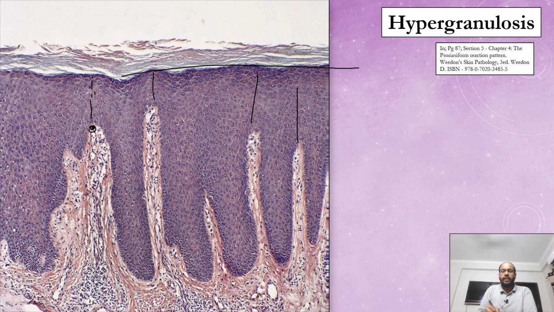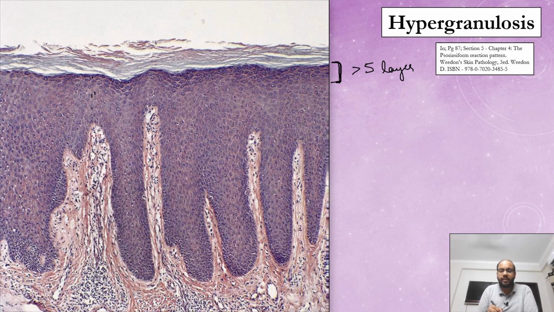The entity which I wanted to show in this photograph is known as hypergranulosis. If the granular layer, and I'm talking only about the blue granular layer, is more than 5 layers thick, it is hypergranulosis, or increased granularity.